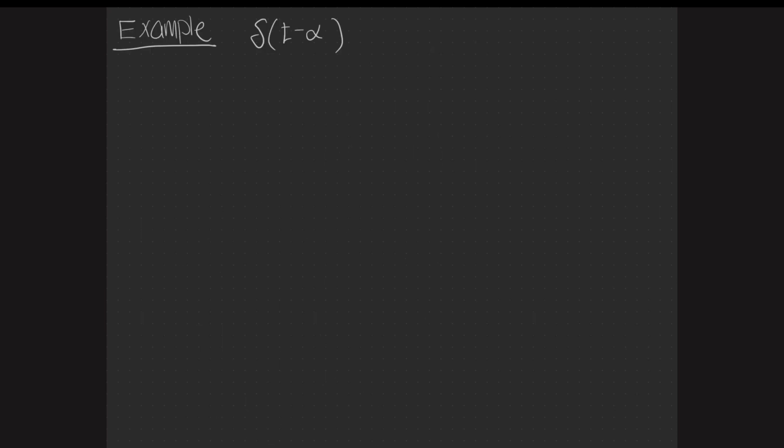Our next example is going to be with the Dirac delta function. So this is a weird function. It kind of just looks like this. Let's say this is our x-axis. There's just like an infinitely tall spike located at x equals alpha.